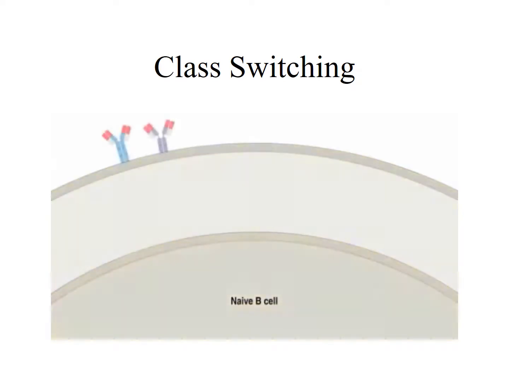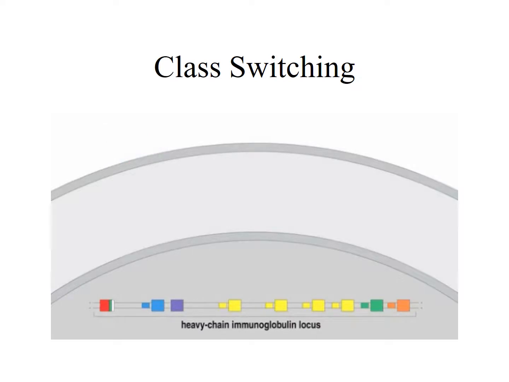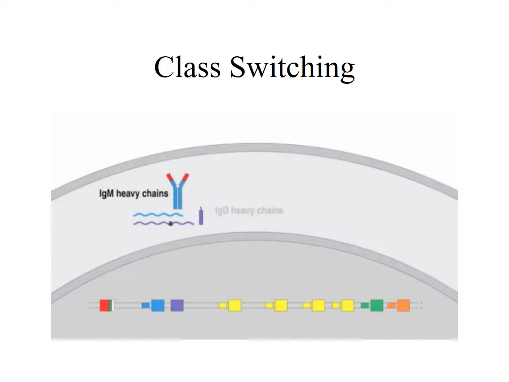Naive B cells can only express surface immunoglobulin of the IgM and IgD isotypes. In these cells, the heavy chain immunoglobulin locus has previously undergone VDJ recombination that placed rearranged V, D, and J segments upstream of the C-mu and C-delta constant regions. Transcription initiated upstream of the rearranged VDJ segments can produce alternatively spliced mRNA transcripts that generate either IgM heavy chain or IgD heavy chain proteins.